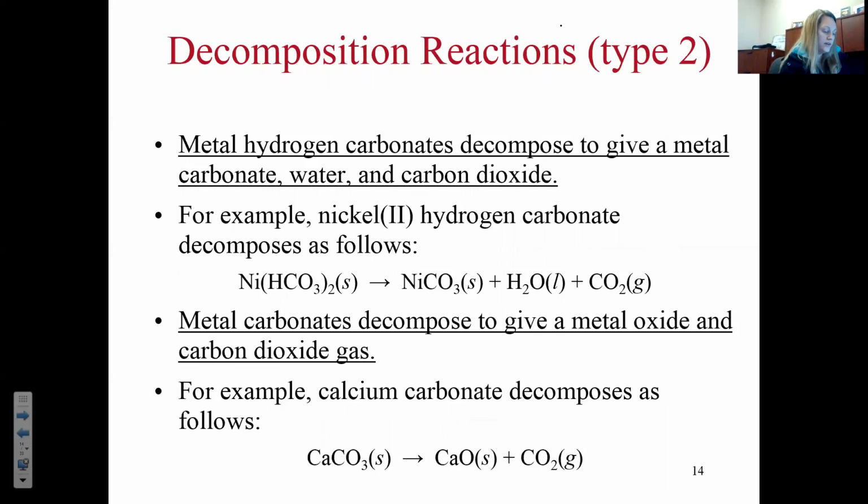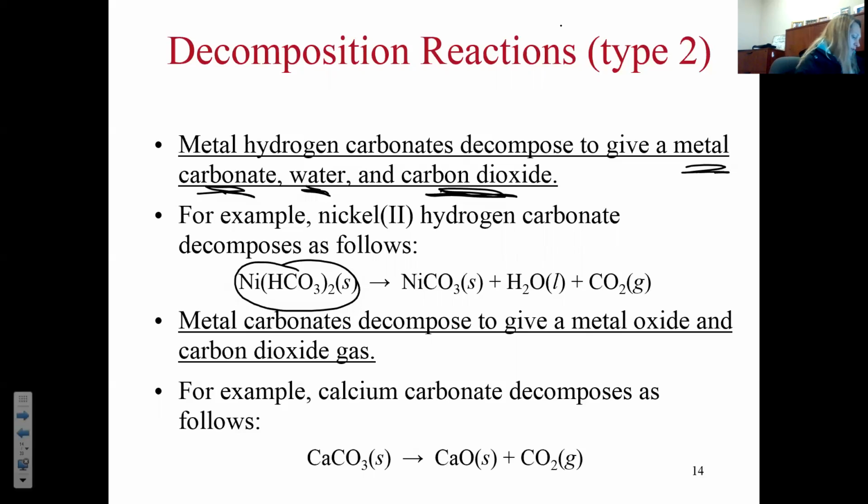Okay, another type of decomposition reaction would be type 2, and this is where we have something quite bigger. This one here is a metal hydrogen carbonate, which decomposes to give a metal carbonate, water, and carbon dioxide.